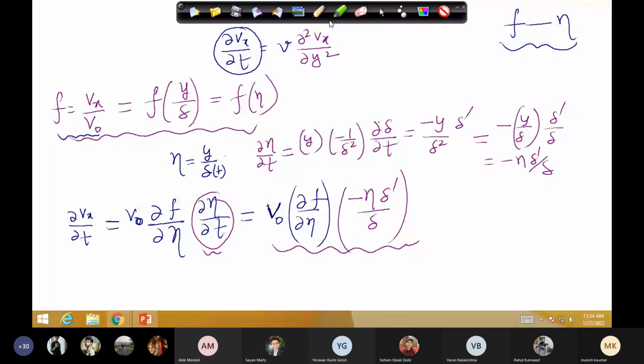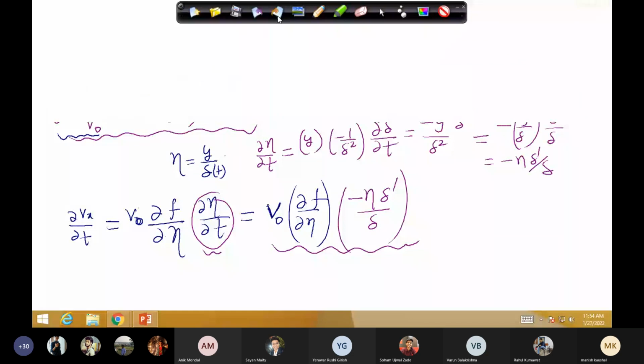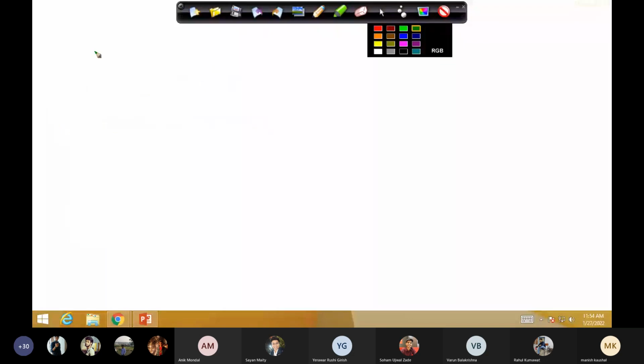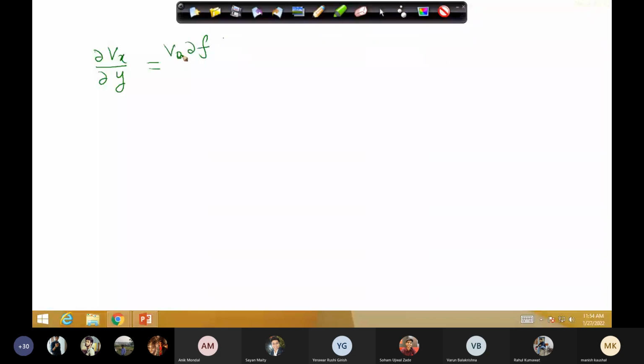So the right hand side is a double derivative. First we get the first partial derivative, dou vx by dou y. Again you can write it as f dou v naught by dou y, but you want to transform it into eta, so you write it this way, dou eta by dou y. Eta is y by delta.